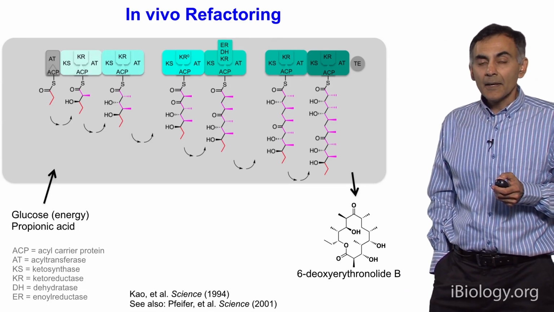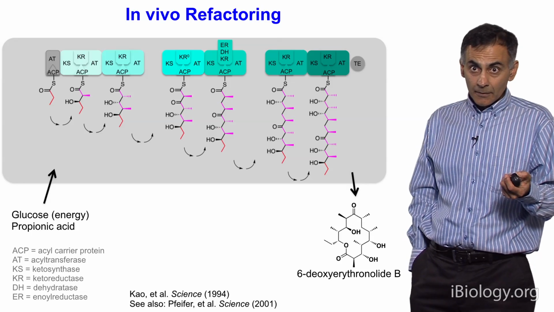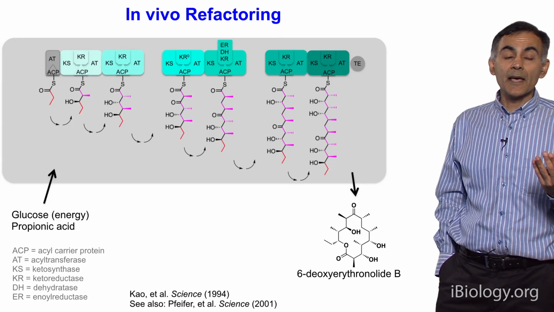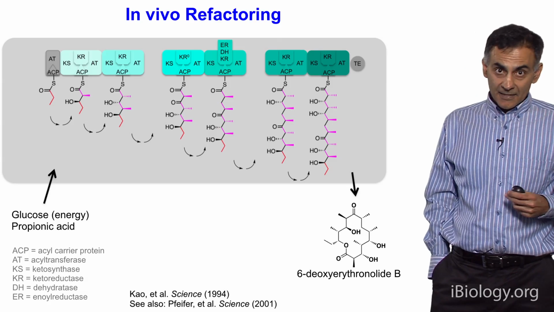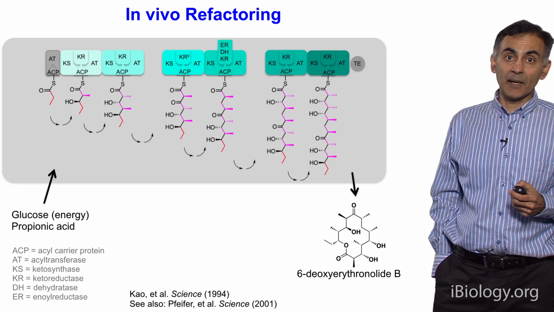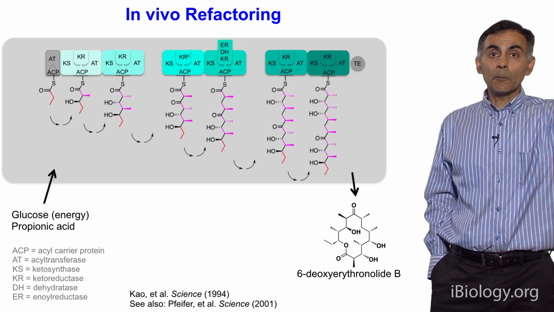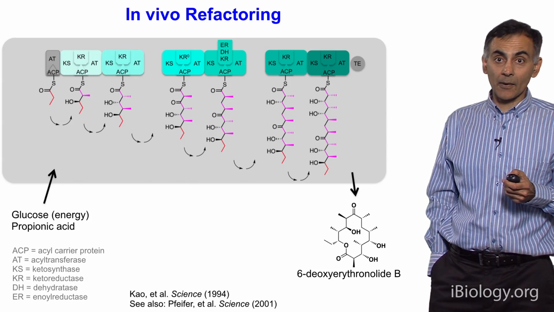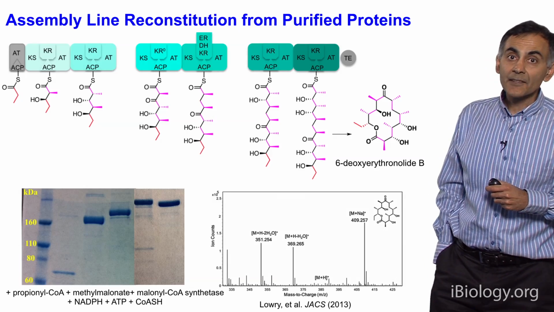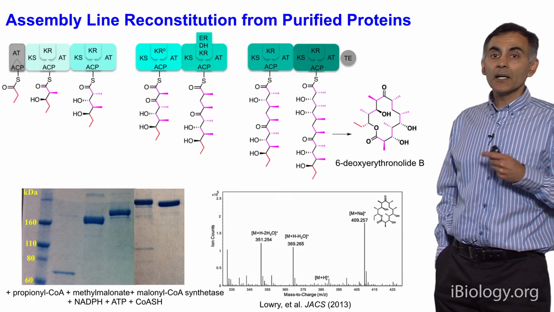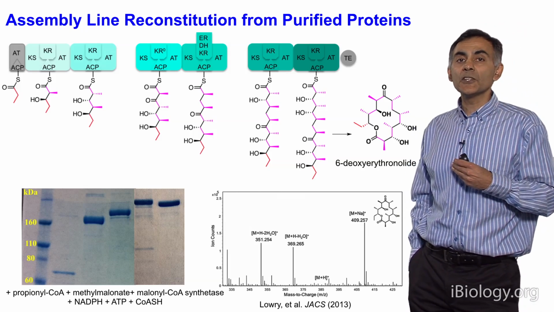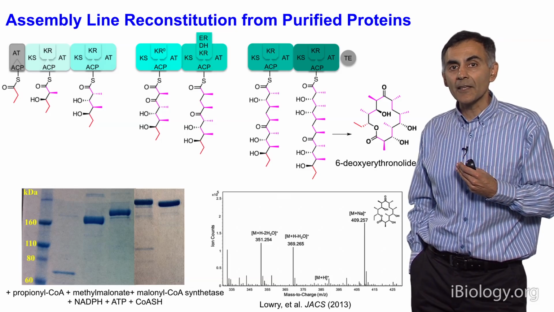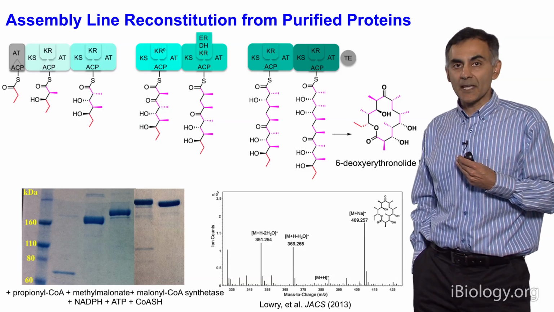Now, what is more challenging, but is perhaps arguably more important, is if you want to study this remarkable enzymatic assembly line, you'd like to be able to peel off the wrapper that surrounds these remarkable proteins. That is easier said than done, but today we can reconstitute the entire 6-deoxyerythronolide B synthase from purified proteins.